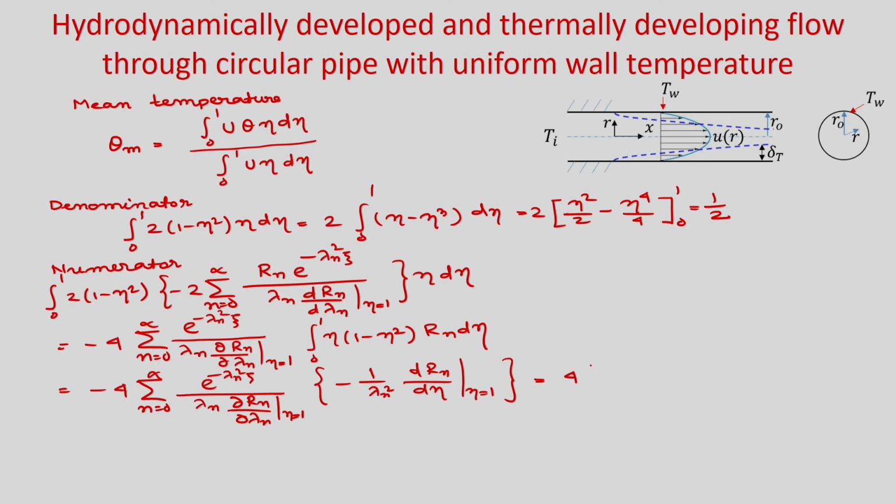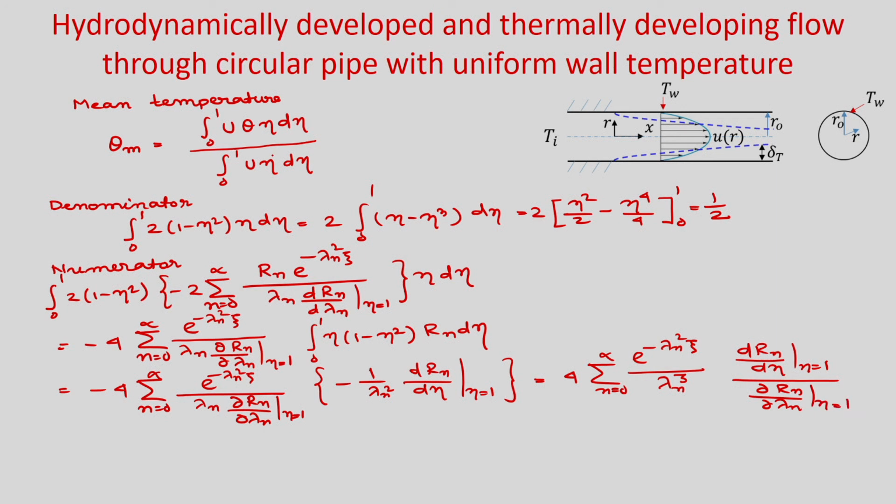So, now if you see, you can rearrange it as 4. So, minus minus will be plus. So, n equal to 0 to infinity e to the power minus lambda n square xi divided by lambda n cube. Okay. Then you will get d r n by d eta at eta is equal to 1 divided by del r n by del lambda n at eta is equal to 1. Okay.